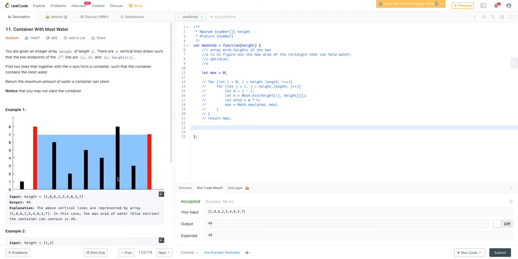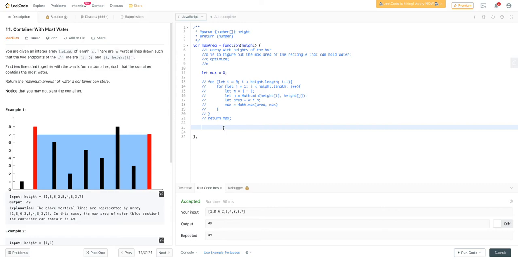That means it will hold more water, and also that we want the max width, since our area is calculated by doing max height and width multiplication, right? So if we do that, then since we're starting with the far points, we would have the max width, right? We just have to now find the max height. That would give us the answer, right?